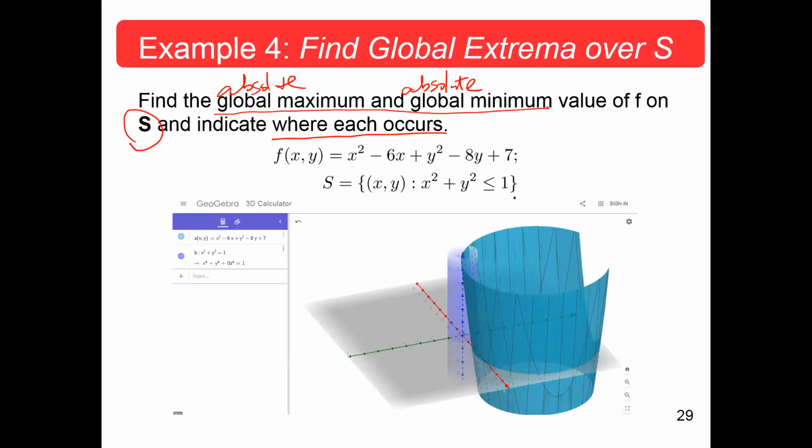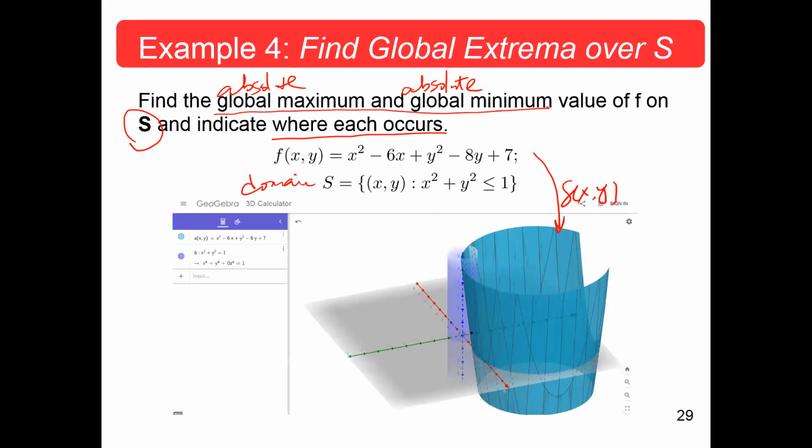or equal to 1. So if I put this in a GeoGebra 3D calculator so you guys can visualize it, this blue surface you see right down here is the function f of x, y. Is that clear, guys? And this corresponding domain is the domain S, referring to the points x, y such that x squared plus y squared is less than or equal to 1.